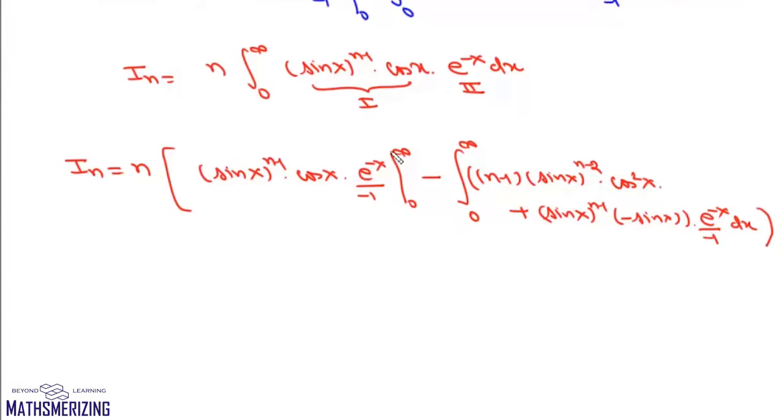Now again, if we put x as infinity, e to the power minus infinity will be 0, and at 0 sin x will be 0. So this first expression will be 0.